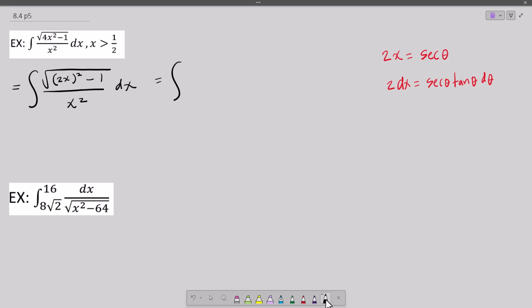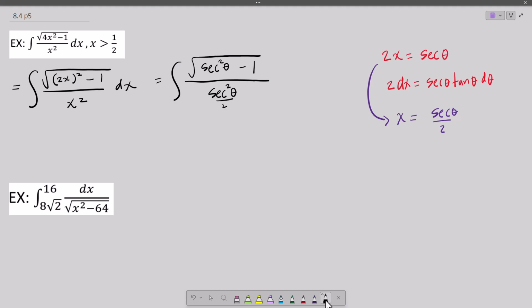So this is going to be the square root of secant squared of theta less 1 divided by, let's see, x squared. Maybe that's how I should be changing it. So x is secant theta over 2. So when we replace x squared, secant squared over 4. Everyone okay with that? So secant squared of theta divided by 4.